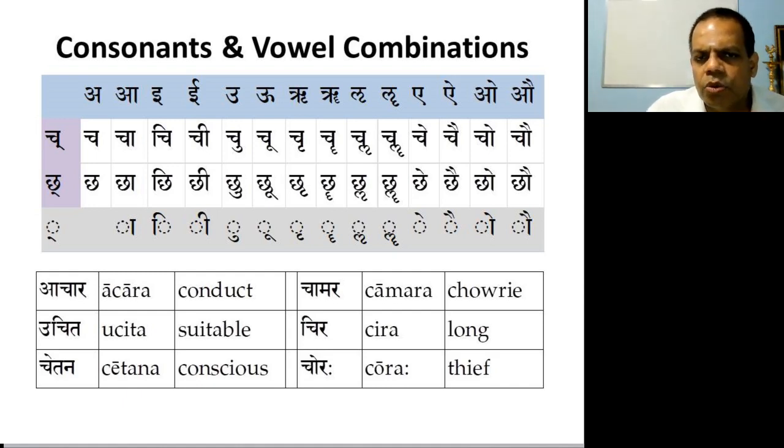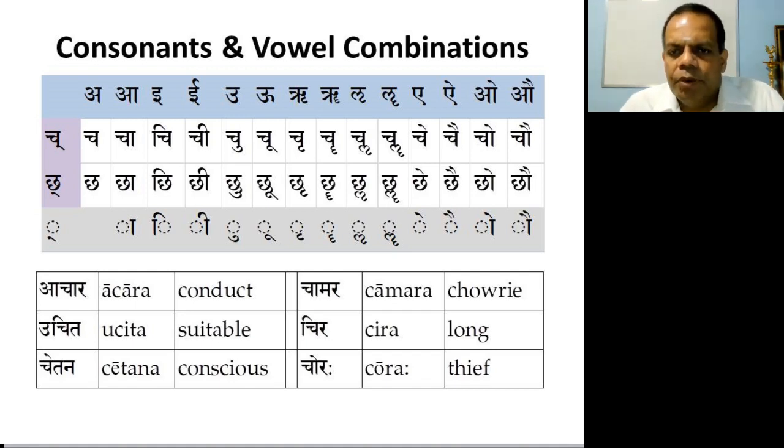You can practice these two side by side so you know the difference. For example, cha, cha, chi, chi. Like that you can practice and see the difference for yourself, and that way you'll perfect how you pronounce them. I've given a few sample letters. Maybe we'll go over them.